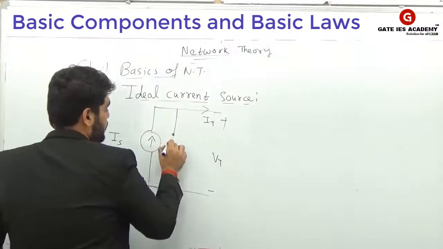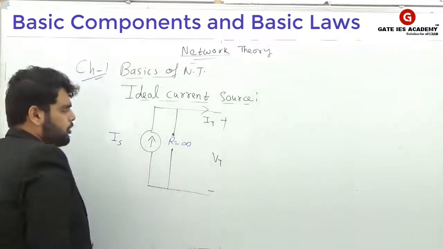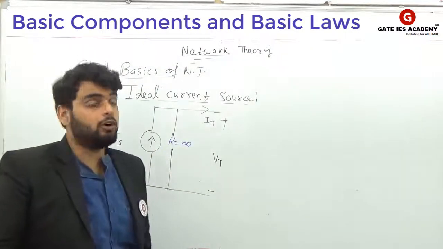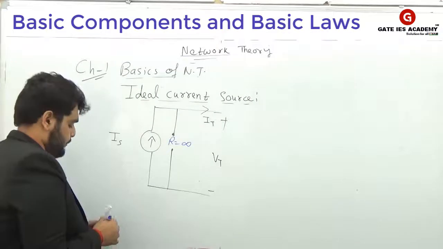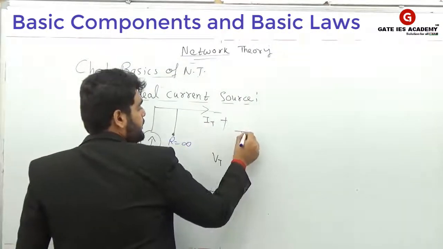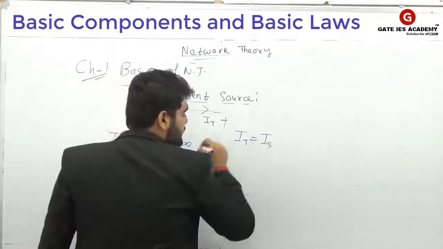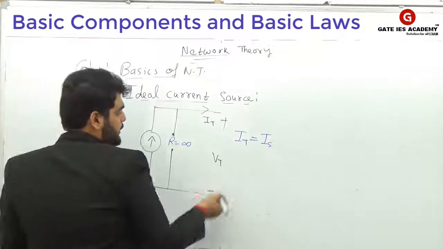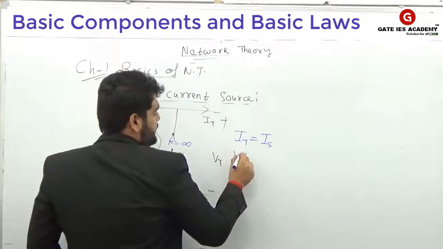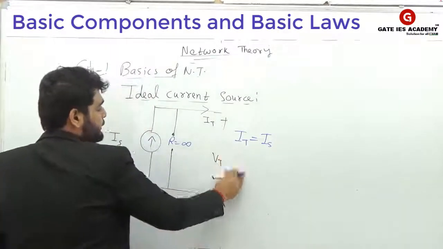So here I can put resistance as infinite, because there is no path for current to flow. That's why resistance is infinite. So for this, what will be the terminal current? Terminal current will be equal to source current, right? Terminal voltage can be anything.